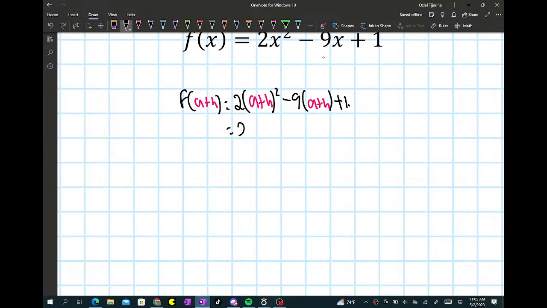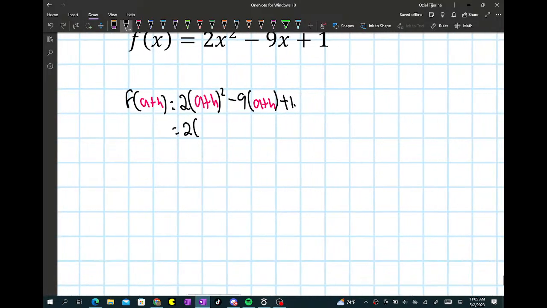Again, if you guys don't know the binomial squared pattern, a plus b squared is always going to be a squared plus 2ab plus b squared. This will help a lot if you remember it for calculus. A lot of the formulas we learned in algebra, pre-cal and trig are going to help so much.